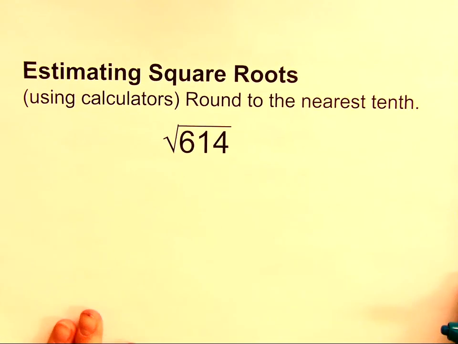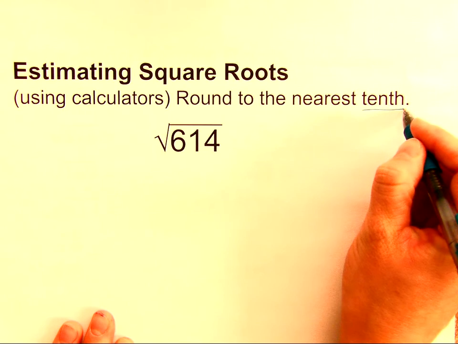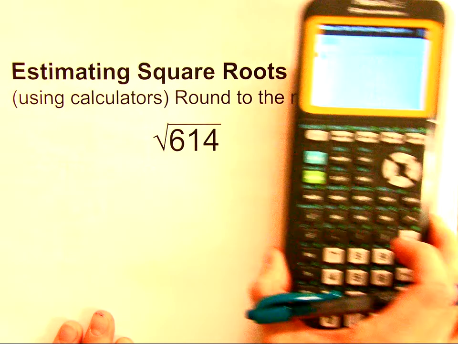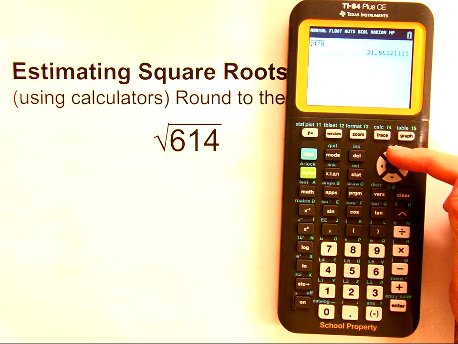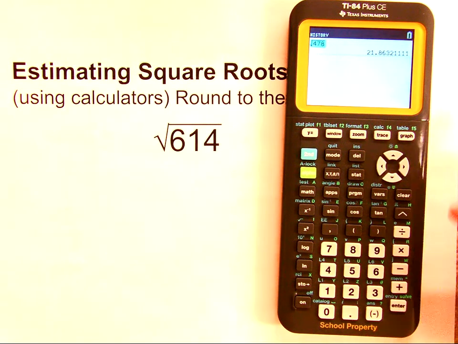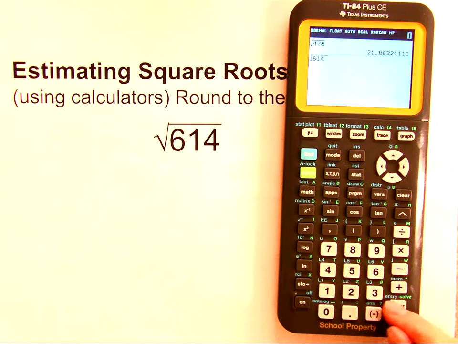So let's do one more together. We're going to take the square root of 614, rounding to the 10th again. There's two different ways we could do this. Remember, I can use my arrow key and I can go up and highlight my last problem to hit enter and then just go back and change my number. Or we can just retype it in again.